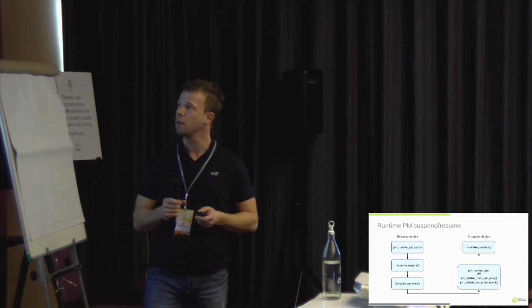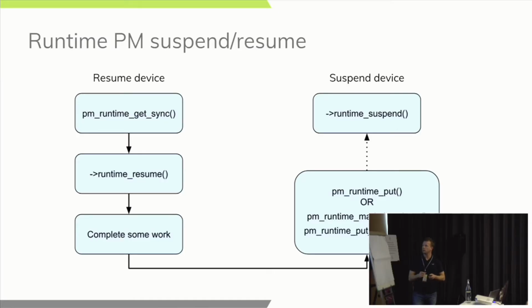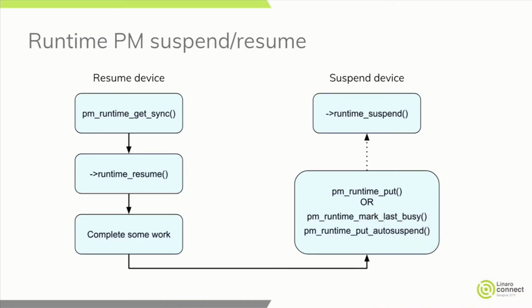Okay, I think we have actually walked through this already, but just to mention the callbacks I talked a little bit about before. There are specific callbacks for this runtime PM as well, called runtime resume and runtime suspend. So this is the typical flow.